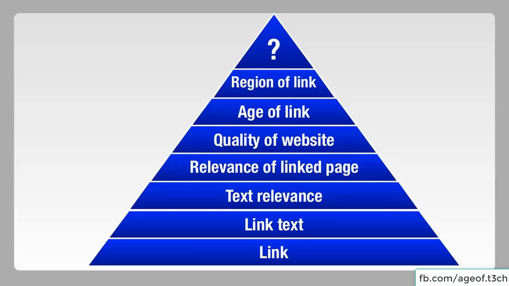Sometimes we ask people before they come and work on our house or our car, how long have you been in business? This is one way the search engine can know how long this website has been around and what kind of history it has. And then also the region of the link. As we saw, search engines change results based on where people are searching from.